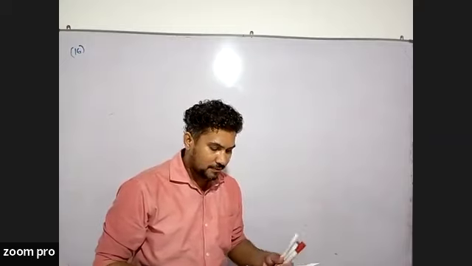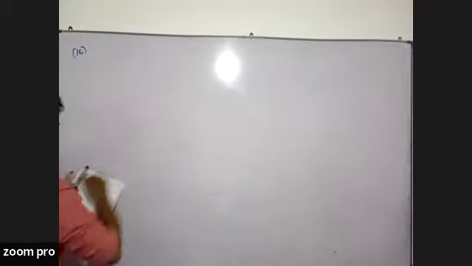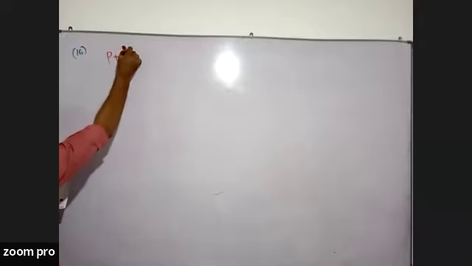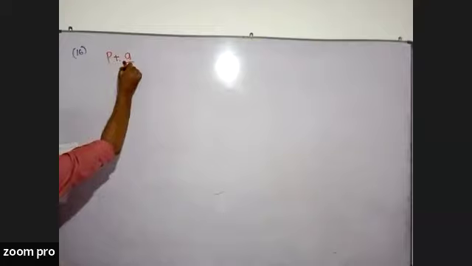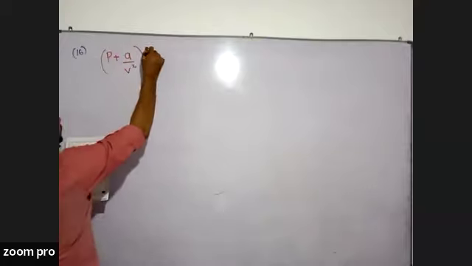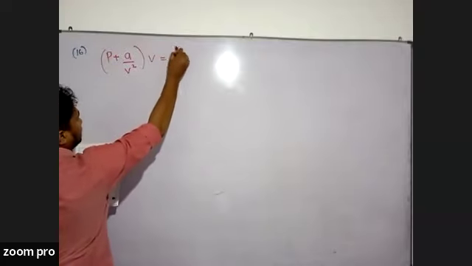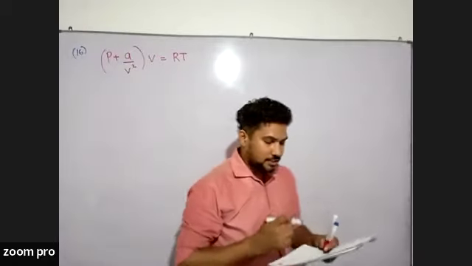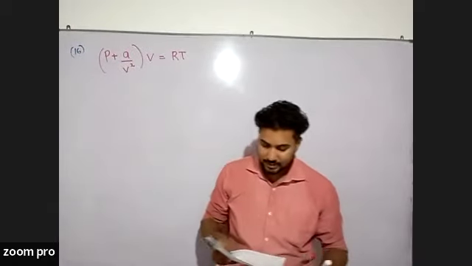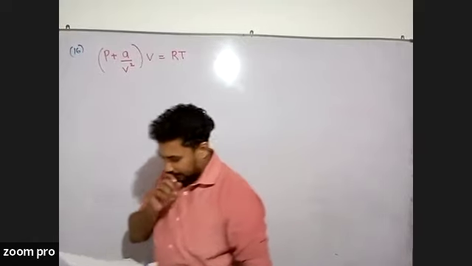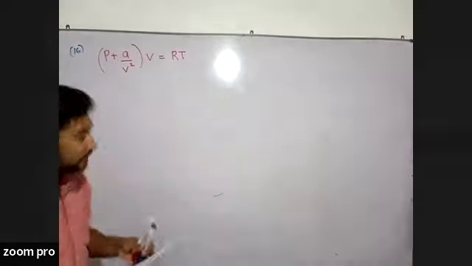Obtain the dimensions of A. So in this question, if I write the equation, that is (P + A/B squared) into (V - B) equal RT. In this equation, P, V and T are given, that is pressure, volume and the temperature. So now we want to obtain the dimensions of A.